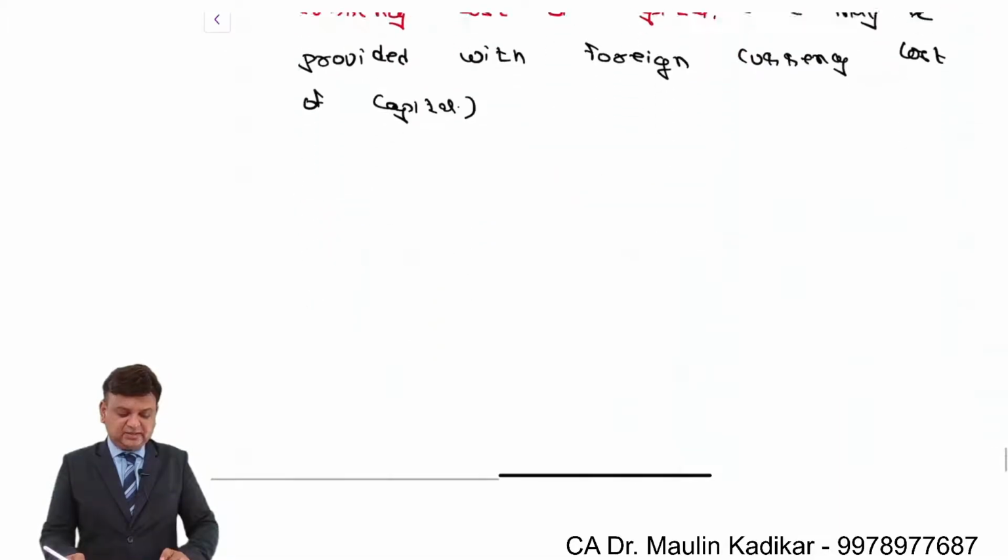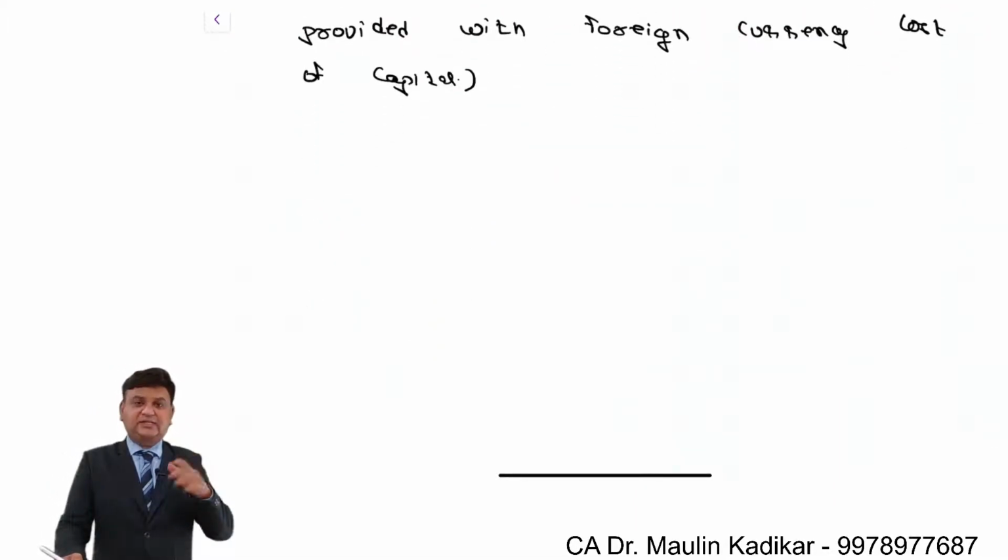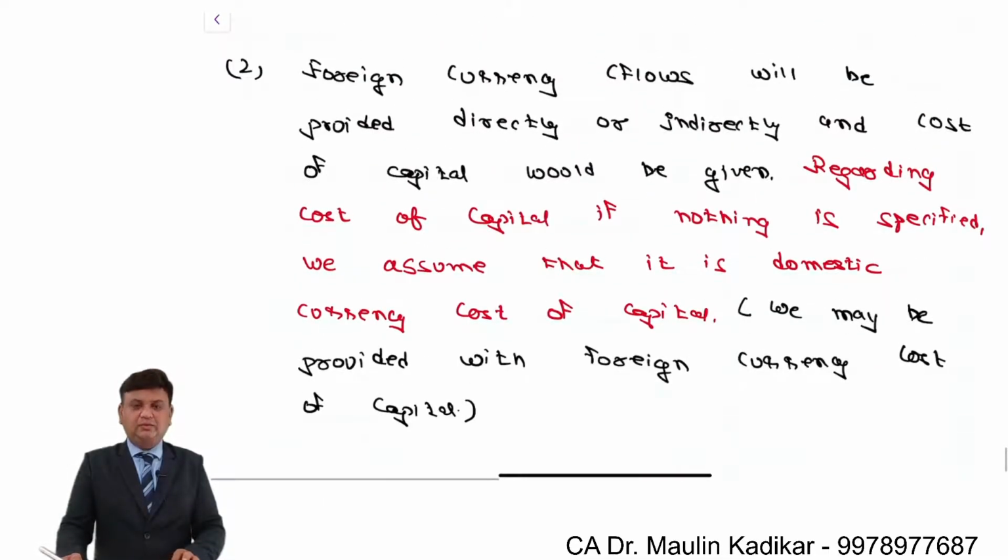So in that case, when we are doing the foreign currency approach, we will use that as the discounting factor. And if at all we are doing the home currency approach, then in that case that foreign currency cost of capital will be converted into home currency term for the purpose of making calculation of NPV. So just you have to make sure which currency cost of capital is given to us in the example.